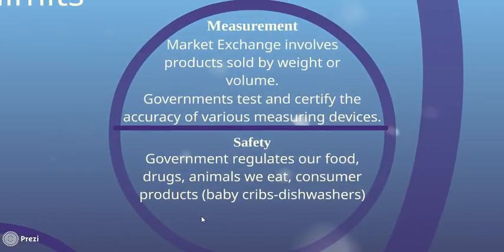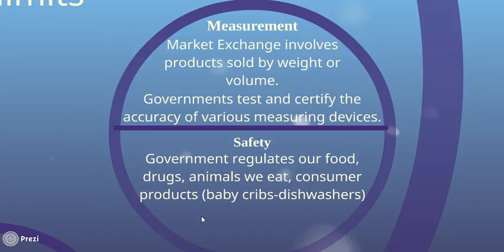And then measurement and safety. Much market exchange involves products sold by weight, such as a pound of hamburger, or by volume, such as a gallon of water. To ensure that buyers don't get cheated, governments test and certify the accuracy of various measuring devices.